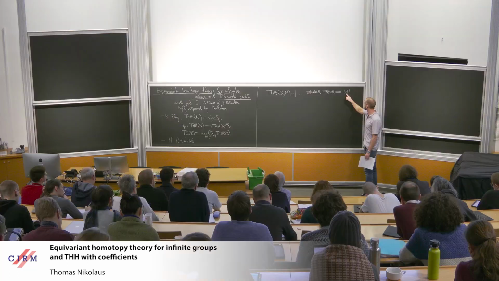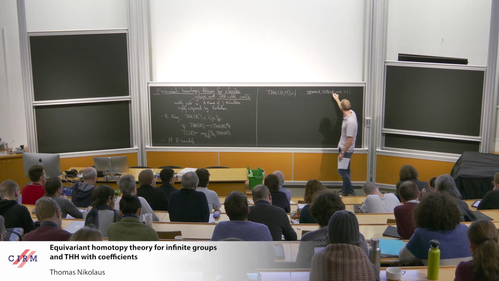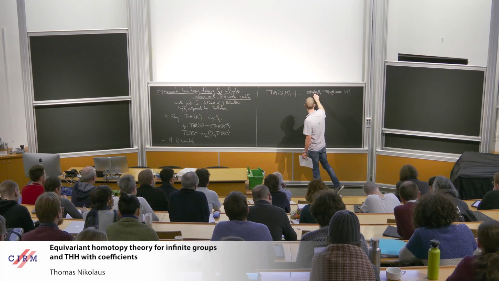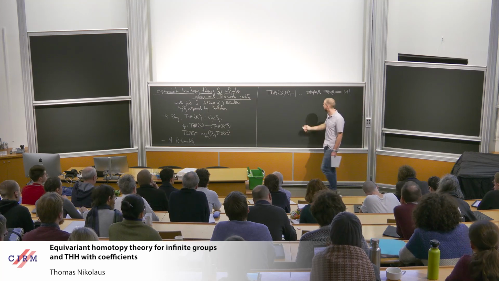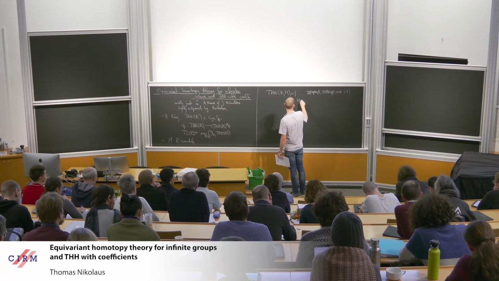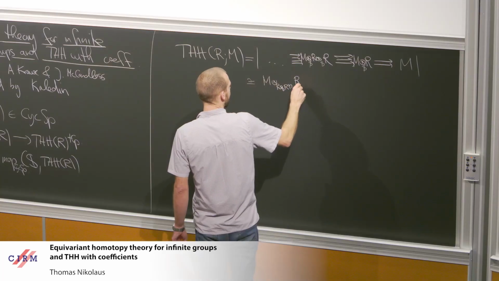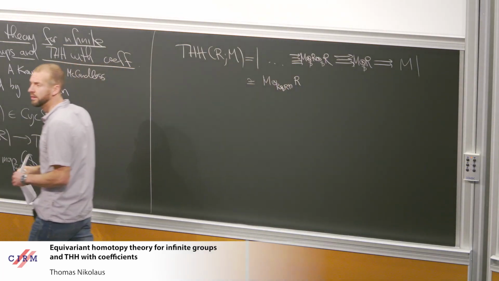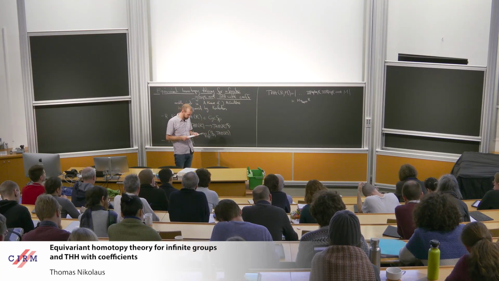Here you really consider all these bimodules and rings as spectra, so we're tensoring over the sphere here. That's one definition. Another one is that you just tensor M over R tensor R^{op} with R. Anyway, this is a well-known invariant of a ring and a bimodule, and it's THH with coefficients.